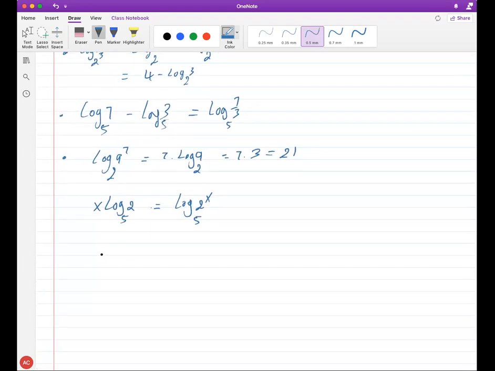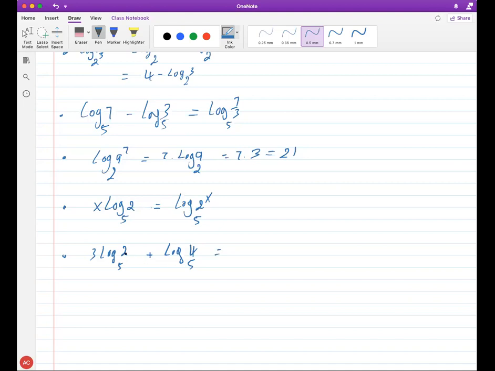For example, if you want to put these two, okay, we want to combine these two logs into one. We have the same base, that's good.